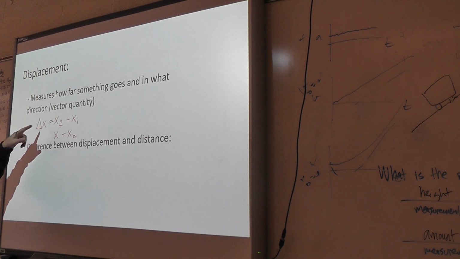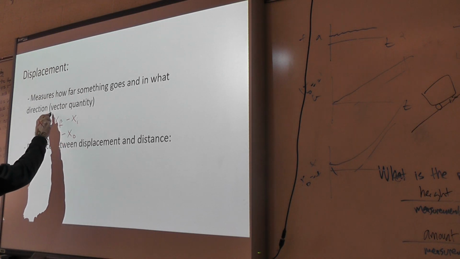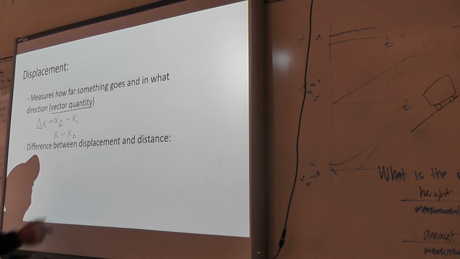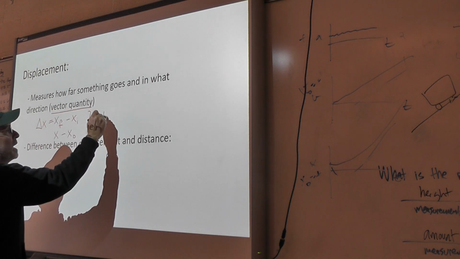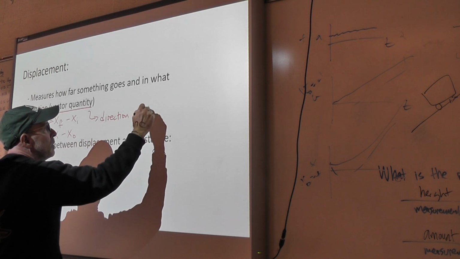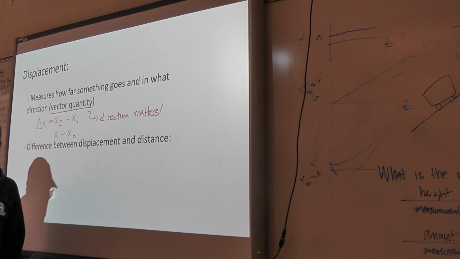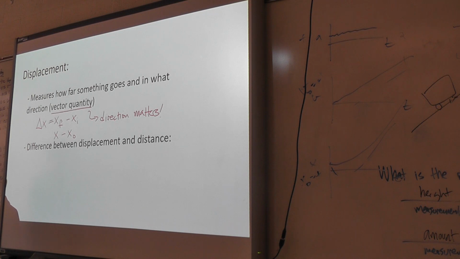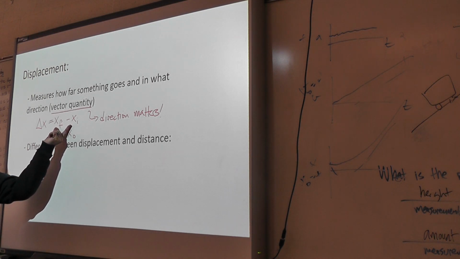Okay. So this is our definition of displacement, and displacement is what's called a vector quantity. The direction matters. And since we're using positive and negative to indicate our directions, that's incredibly handy, because that means that if we just use our positives and negatives, our displacement will either be positive or negative.